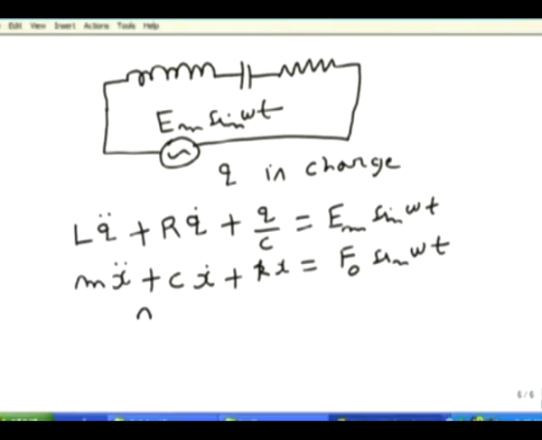M is equivalent to inductance. It behaves in a similar manner because in the differential equation the coefficient is the same, its behavior is also similar. Because of the inertia, the body takes some time to respond. Here also the same thing happens. Because of the inductance, there is some time to respond. C is equivalent to R.